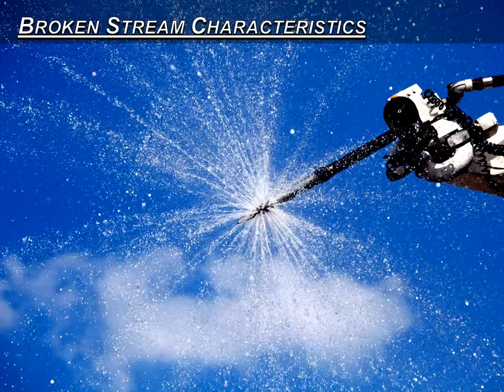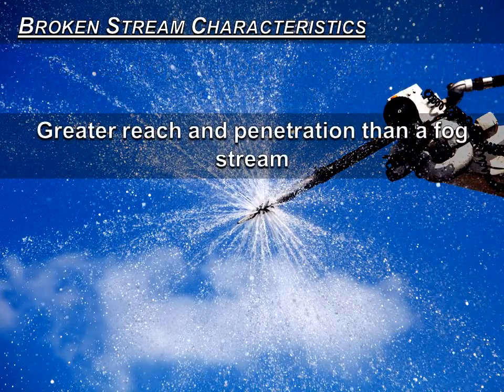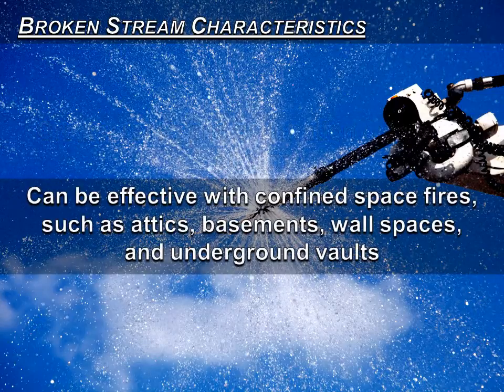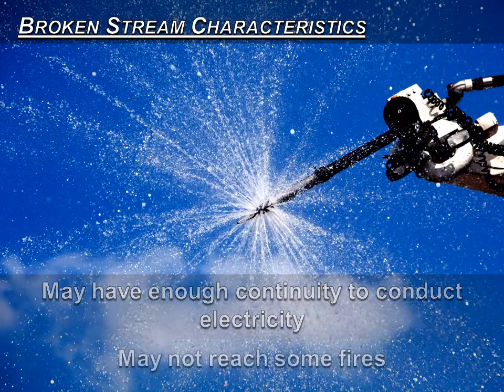Coarse drops absorb more heat than a solid stream, with greater reach and penetration than a fog stream. It can be effective with confined space fires such as attics, basements, wall spaces, and underground vaults. It may have enough continuity to conduct electricity, and it may not reach some fires.